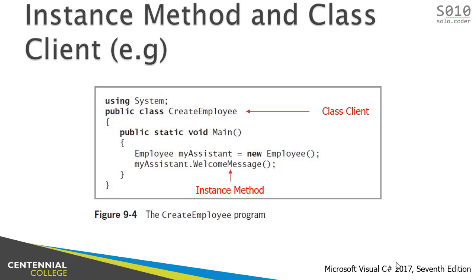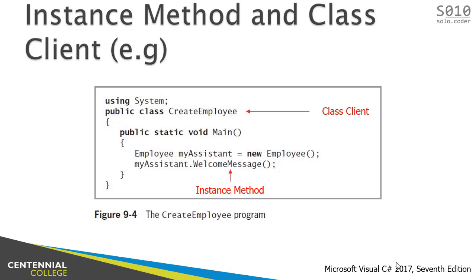That's it. It's a client. So this class is a client of employee because it uses employee. That's what it means to be a client class. Okay? To be quite honest, again, not a big deal of terminology here, but you may come across that.